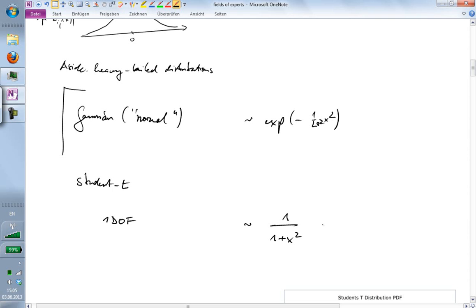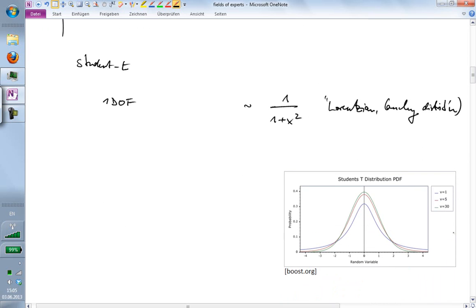That is also called the Lorentzian distribution or the Cauchy distribution. And it's shown here in this plot. So the blue curve here is the one with 1 degree of freedom.